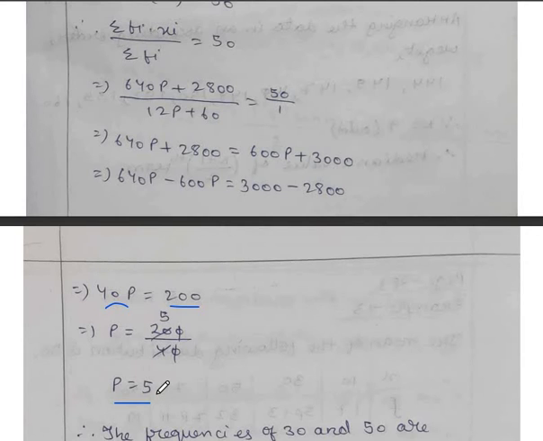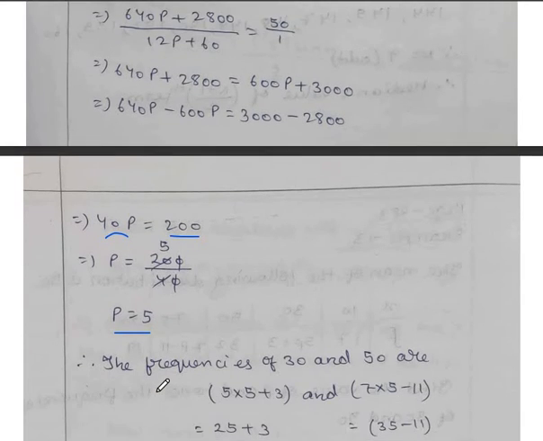Now the second question, they are asking for the frequencies of 30 and 70. For 70 the frequency is missing, it is not 50, it will be 70. So after getting this p, you are going to calculate the frequencies for 30 and 70.